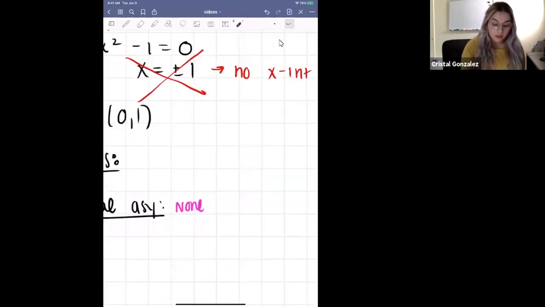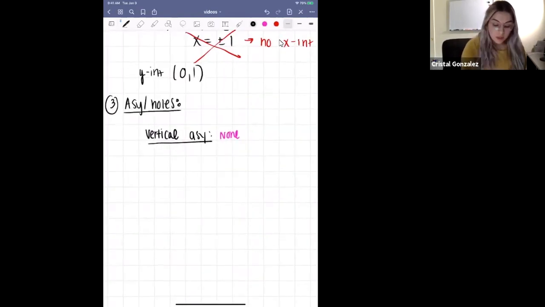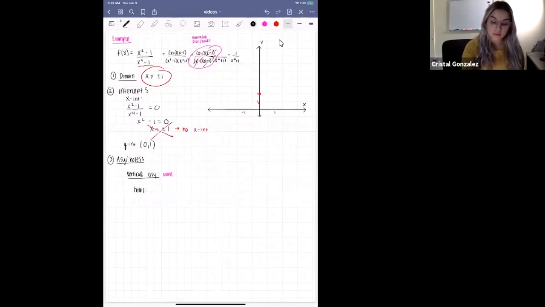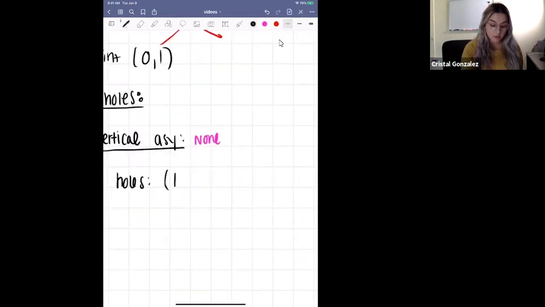So we figured out there's no vertical asymptotes, but now that we know that, we can actually find the holes, and the holes are going to come from this simplified version of our function. So what happens here is that, yes, in your domain, you can't have plus or minus 1, but you know that the holes are going to happen at x equals 1 and at x equals negative 1.